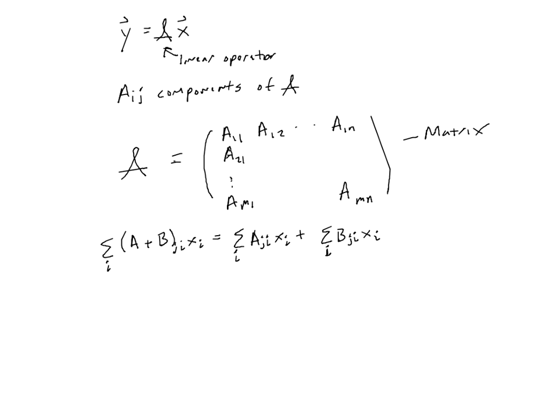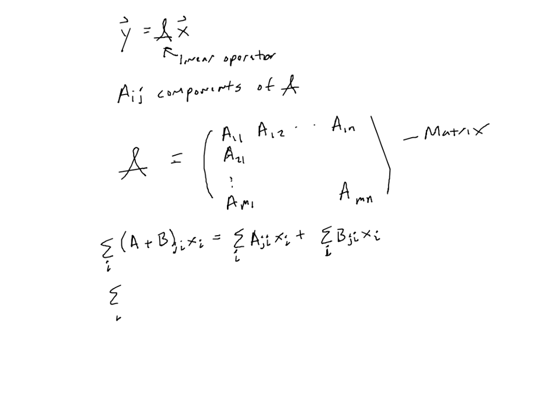The reason we can do that is because when you're doing this summation, you're literally creating a vector, and by putting this arbitrary vector x in there, we're basically doing just a vector operation.